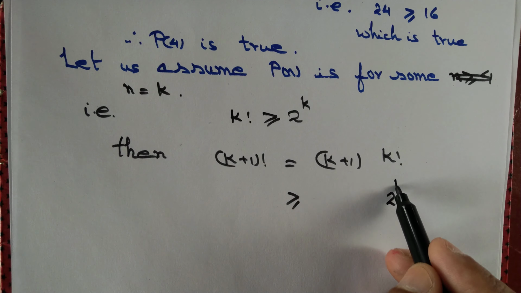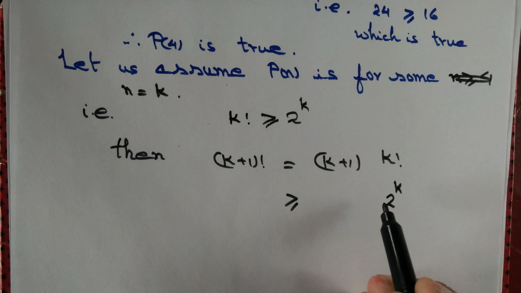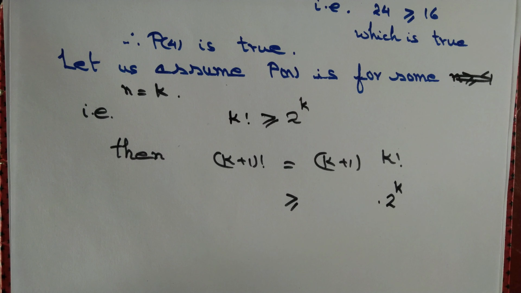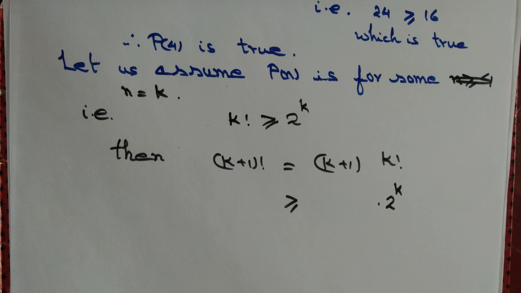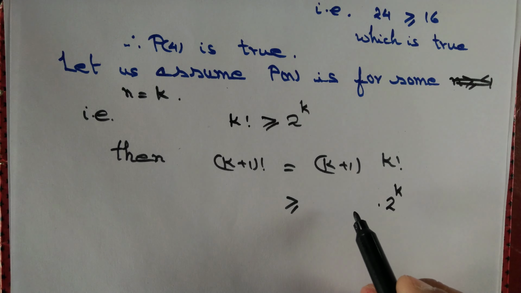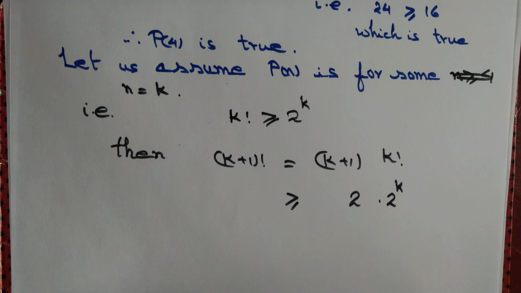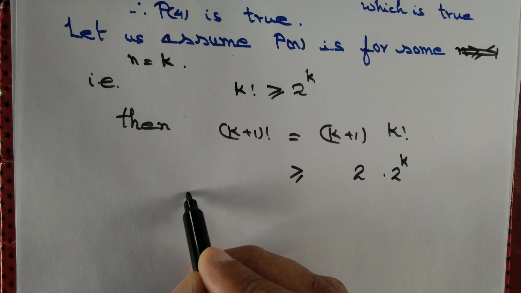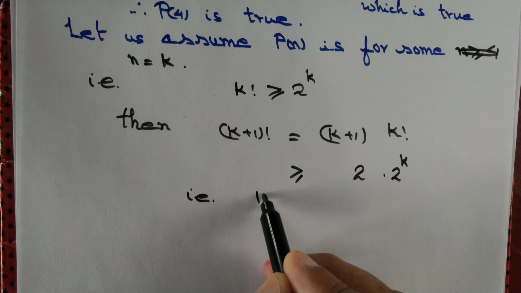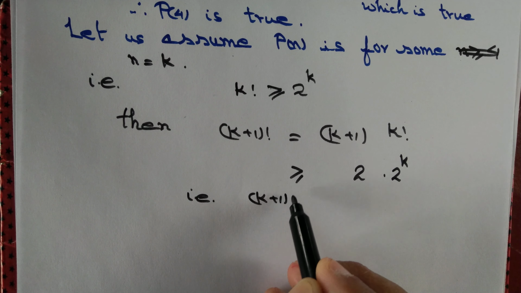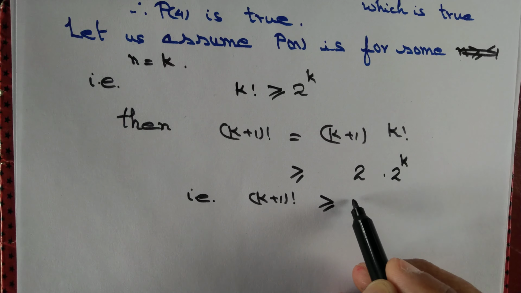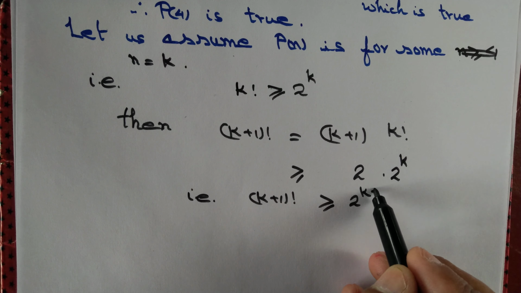Factorial k is greater than or equal to 2 to the power k, but k being greater than or equal to 4, k plus 1 will be greater than or equal to 5, so definitely that is always strictly greater than 2. So we can say that factorial k plus 1 is strictly greater than 2 to the power k plus 1. That is, factorial k plus 1 is greater than or equal to 2 to the power k plus 1.